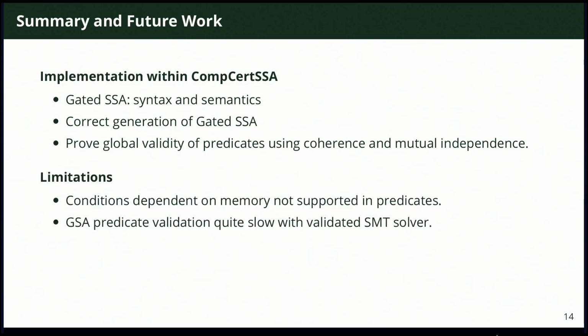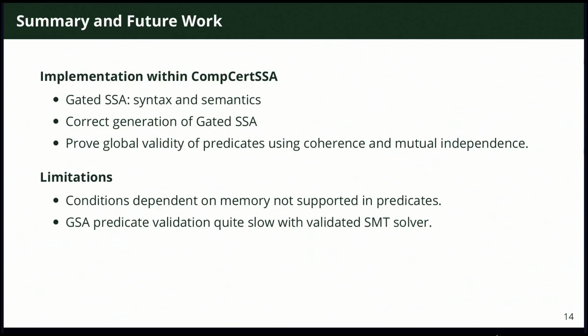Some of the limitations of our current implementation are that our conditions inside of predicates don't support conditions that depend on memory. In CompCert, there are a few conditions that do depend on memory, like pointer equality checks.